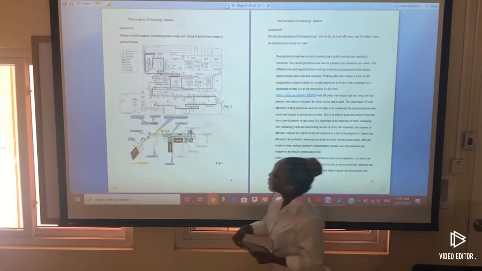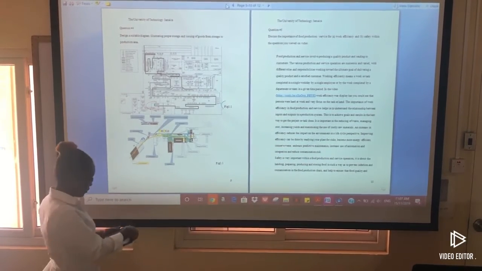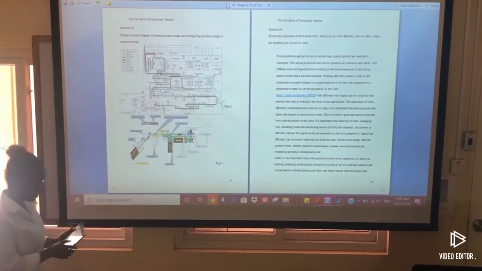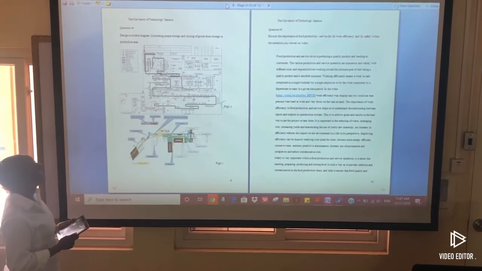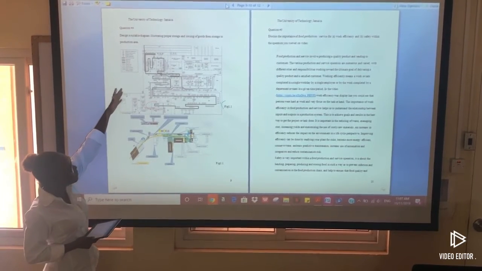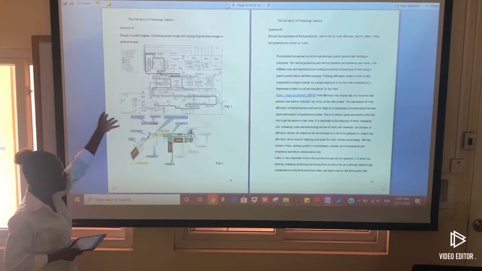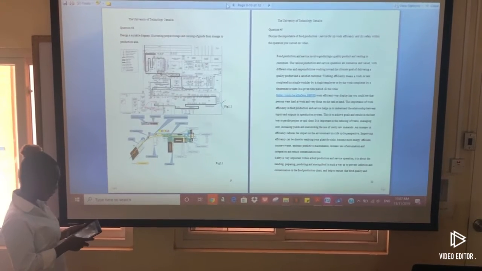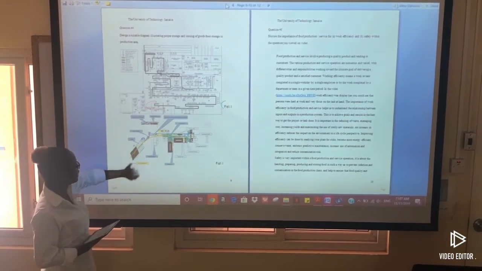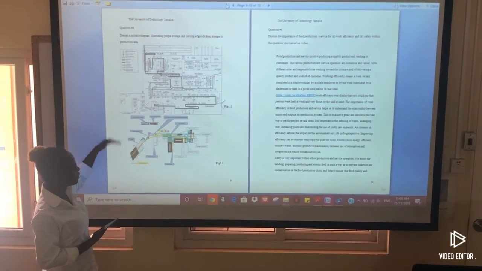Alright, so let me just briefly walk you through. For the top design, you can see that this is more detailed. For the bottom diagram, this would be the area where the cows come in.